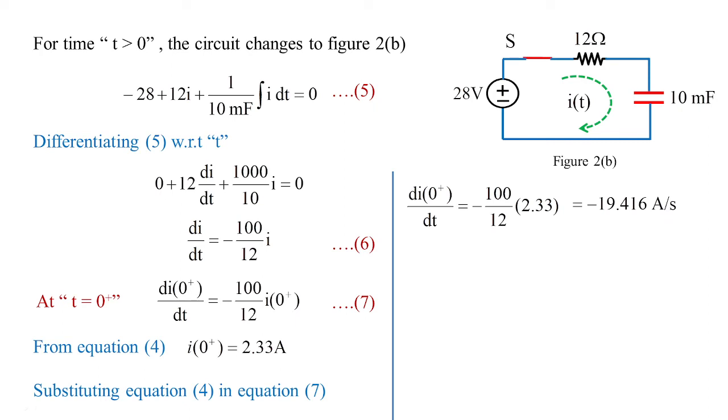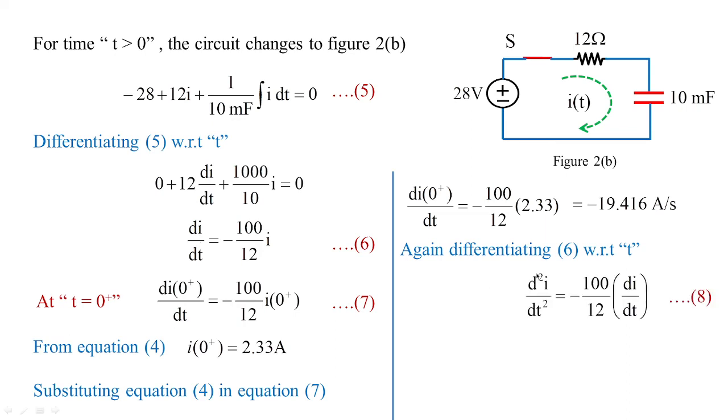I hope you understood this particular numerical, how we got the value of di of 0 plus by dt. Now again differentiating equation 6. Why do we need to differentiate equation 6? Because we require d square i by dt square. So d square i by dt square is equal to minus 100 by 12 multiplied with di by dt. We need to obtain this at t equal to 0 plus.